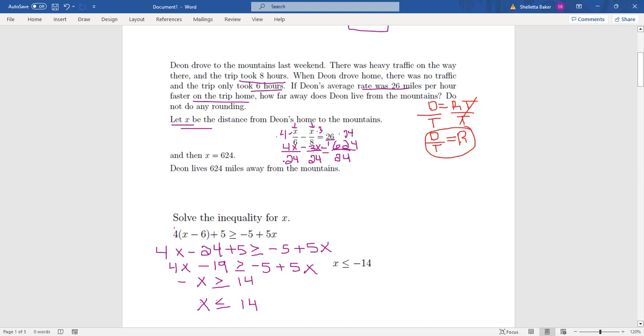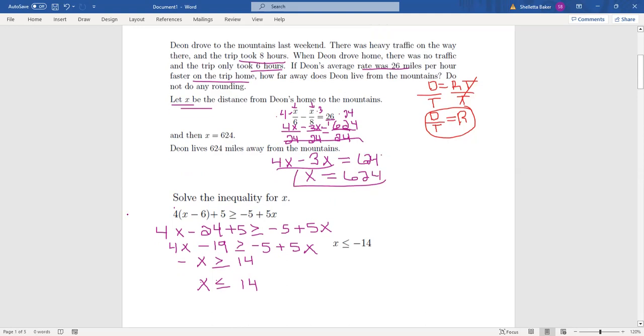That gave us 624. Remember, at this point, you can get rid of your denominators and just look at the numerators only. So we have 4x minus 3x equals 624. And 4x minus 3x, that's just x. So we see that that distance will be 624 as our answer.